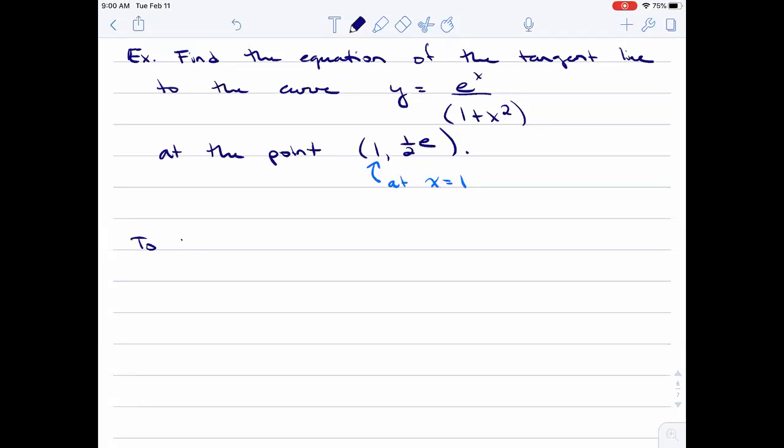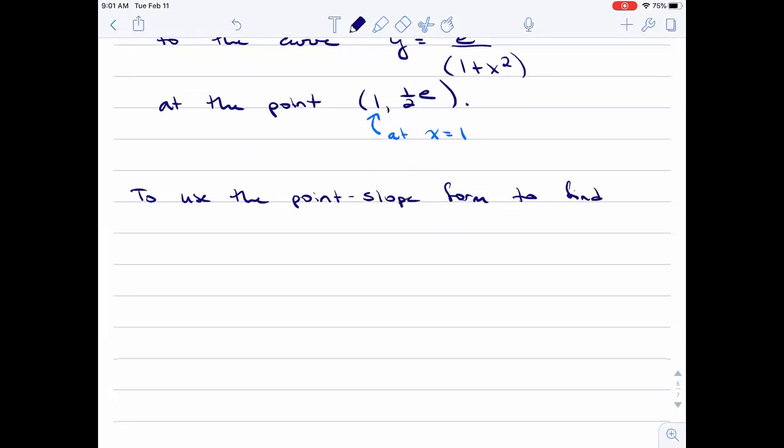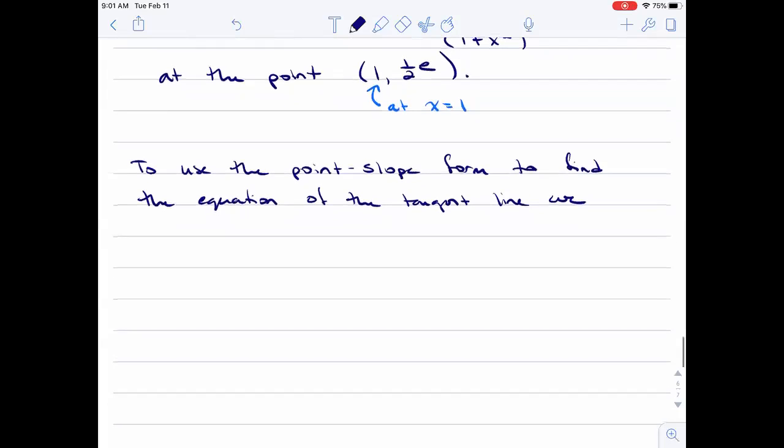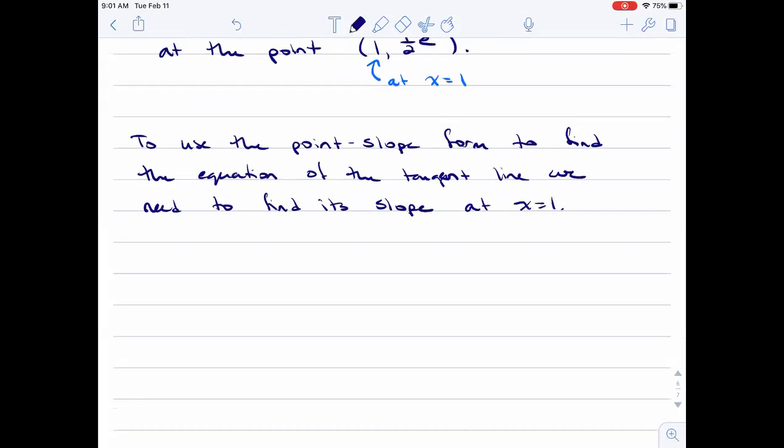So to use the point slope form to find the equation of the tangent line, we need to find its slope at x equals 1, right?